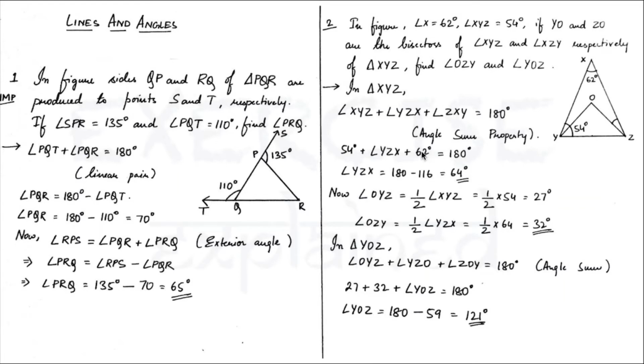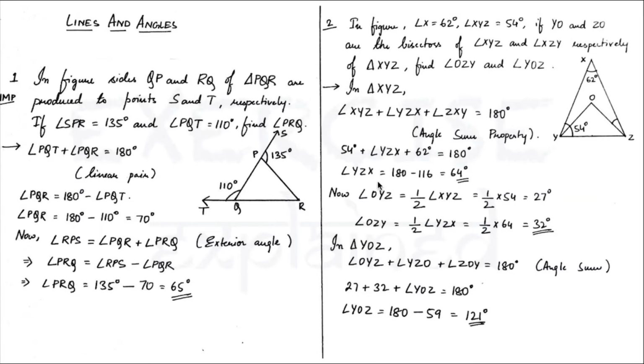Now we add these two, 54 and 62. Once we add 54 and 62, what we get is YZX is equal to 180 minus 116, because these two added together become 116, and then it goes to the right hand side and becomes minus 116. So what we get over here is 64 degrees.